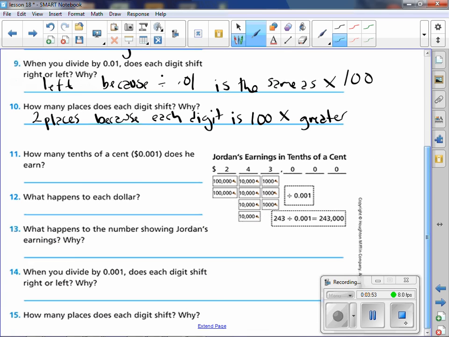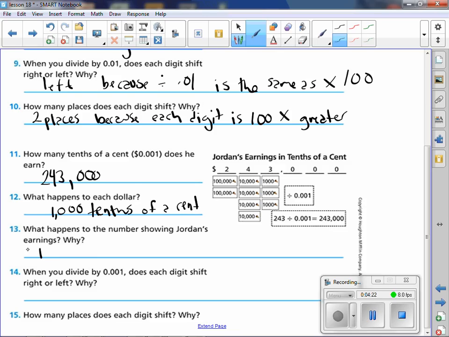Okay, so how many hundredths of a cent or thousandths of a cent does he have? Sorry, thousandths. Well, 243,000, right? Each dollar becomes 1,000th of a cent.